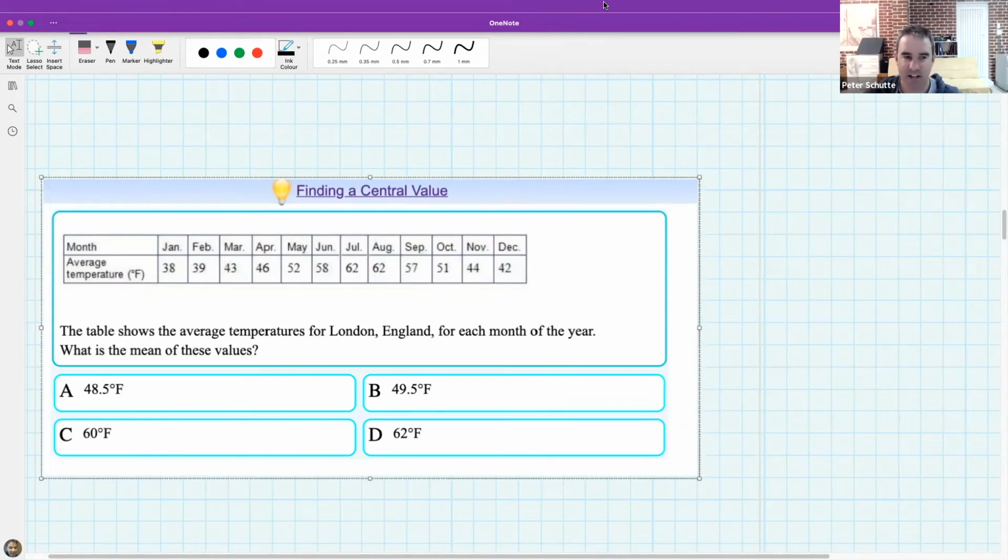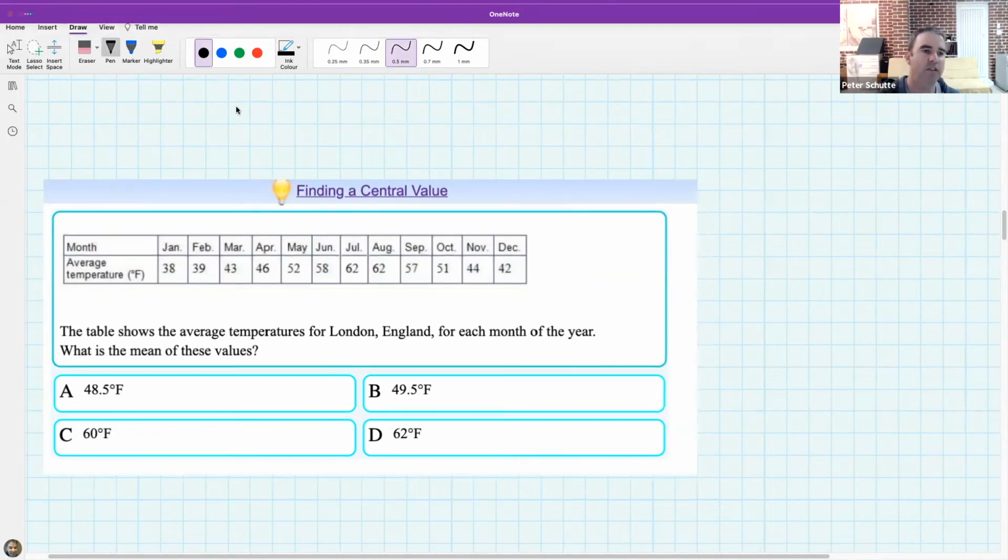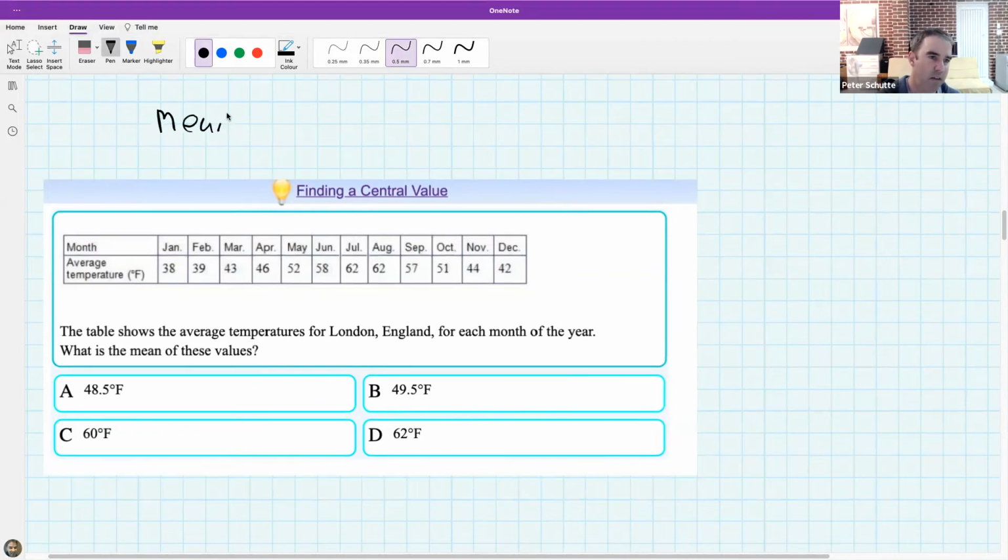This is a data set with the temperatures in London on the Fahrenheit scale throughout the year. And so when we try to find the mean of the data set, we always know that we're going to need to find the number of items, or n, and then we're going to have to also sum up all the data points in the data list or data collection.